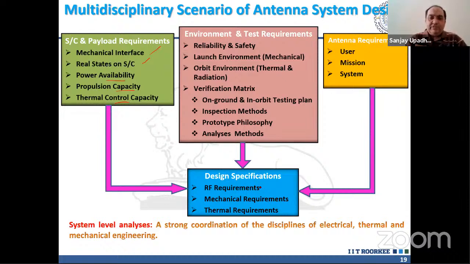Then as design specifications: RF requirement, that is radio frequency, mechanical requirement, thermal requirement. Environmental and test requirements, reliability, safety, launch environment as mechanical, orbital environment, thermal and radiation. Every part we need to study.